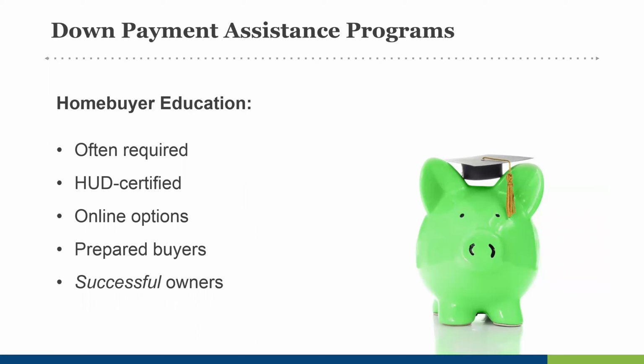Now, we mentioned earlier that homebuyer education is often required. Typically, that is 6 to 8 hours of HUD certified content. Most down payment assistance providers these days offer online options to complete that class, which gives your buyer some flexibility, gives them the ability to complete that class sooner.